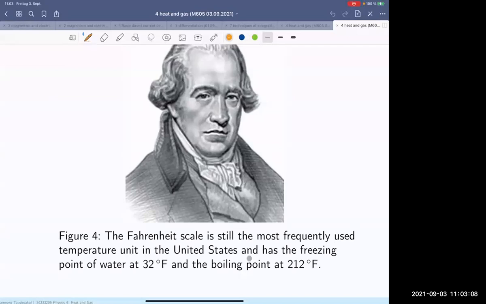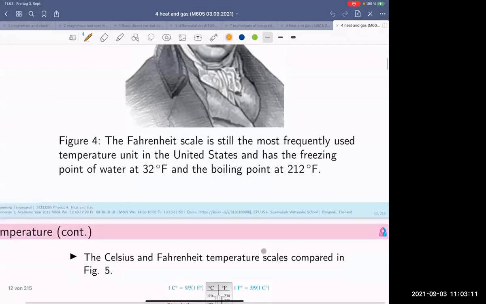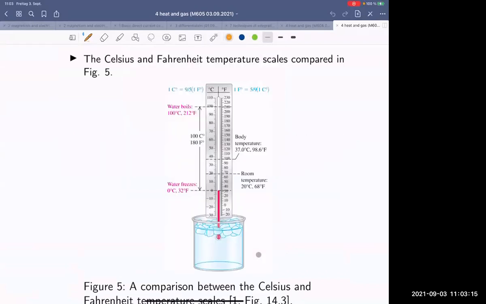Yeah, if you look at both scales on the same thermometer, you will see that the boiling point is at 100 degrees on the Celsius side, and you get 212 on the Fahrenheit side.